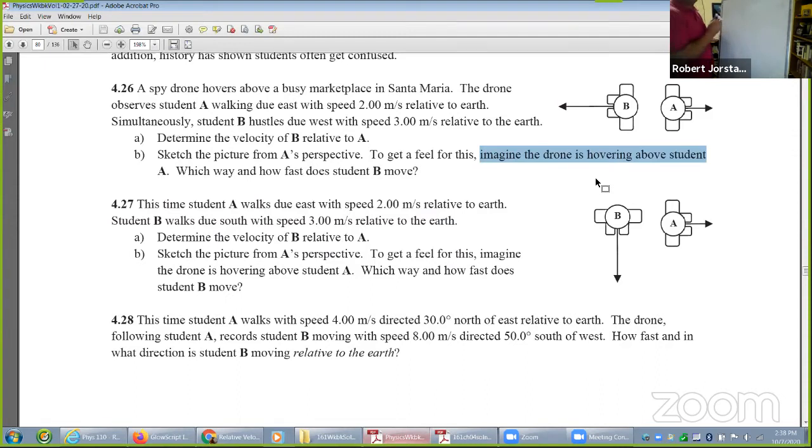All right. So let's try 427 now. Should be pretty similar, right? I'm going to leave off the sig figs just because I'm lazy right now.